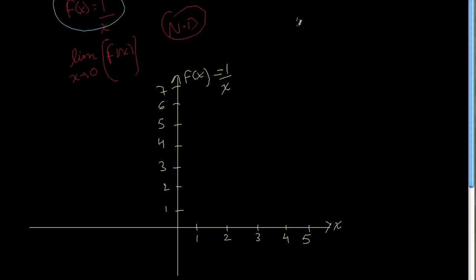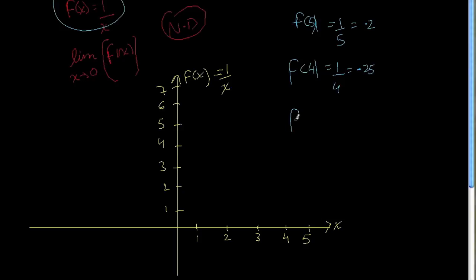If we find the f of 5, we get 1 by 5, which is equal to 0.2. If we find the f of 4, we get 1 upon 4, which is 0.25.